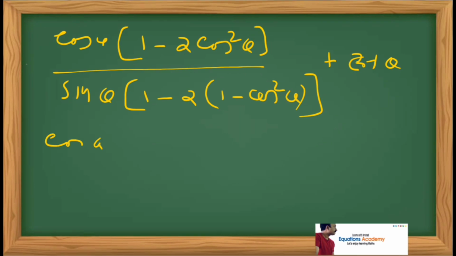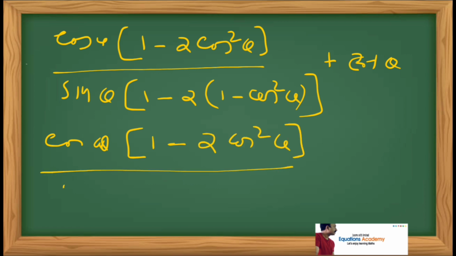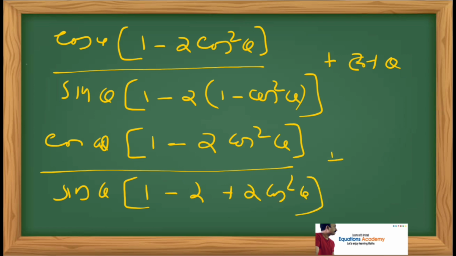cos theta into 1 minus 2 cos square theta divided by sin theta into 1 minus, so remove the bracket. So, minus 2 into 1 is minus 2, minus 2 into minus cos square theta is plus 2 cos square theta, plus cot theta.